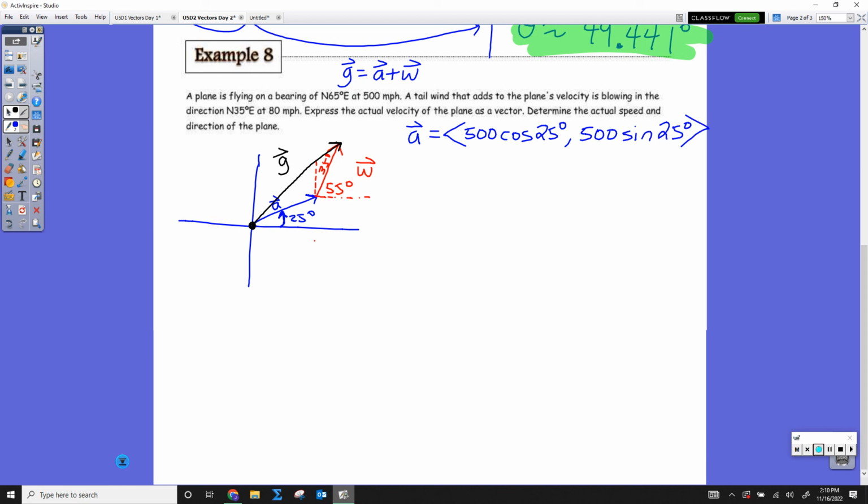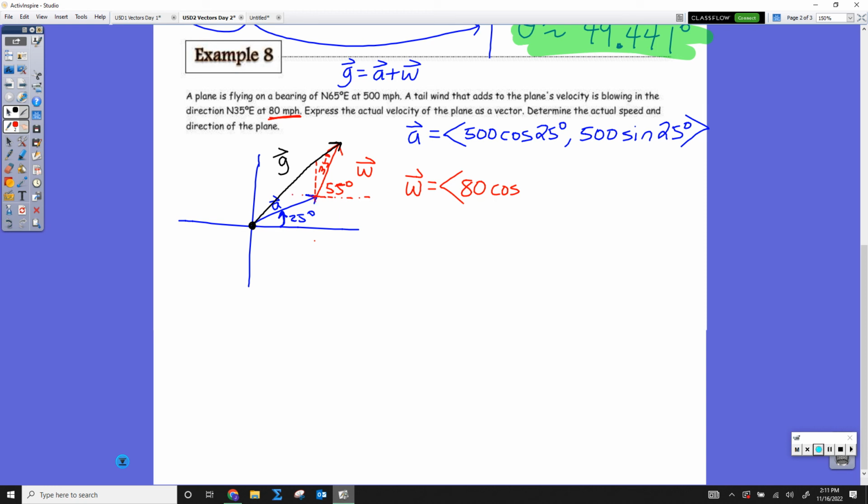Okay, we're going to do the exact same thing for the wind. So the wind is that vector in red. So our magnitude, well, it tells us that the speed of our wind is 80 miles per hour. So 80 would be our magnitude. And we're going to say cosine of the directional angle of the wind. Well, the 35, remember, that's the bearing. The 55 out here, so you can see I drew this little positive and negative.